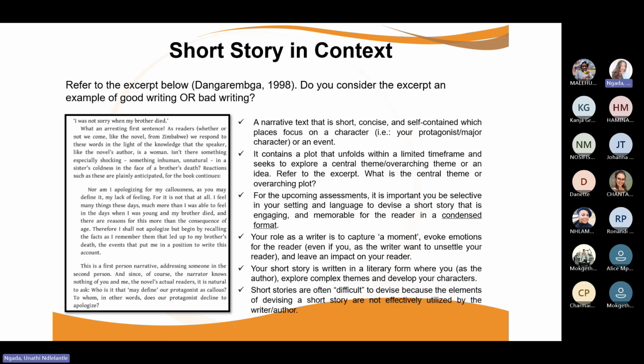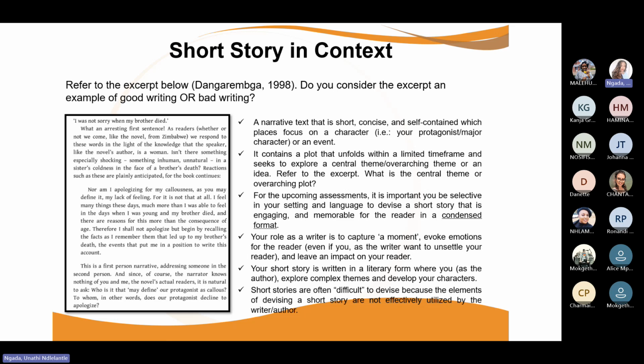This was our text for level two, right? Not exactly, Donette. It wasn't a prescribed text for level two. But anyway, this excerpt is from Tsitsi Dangarembga's Nervous Conditions. I'm not sure if you have heard about the novel. If not, please look it up.